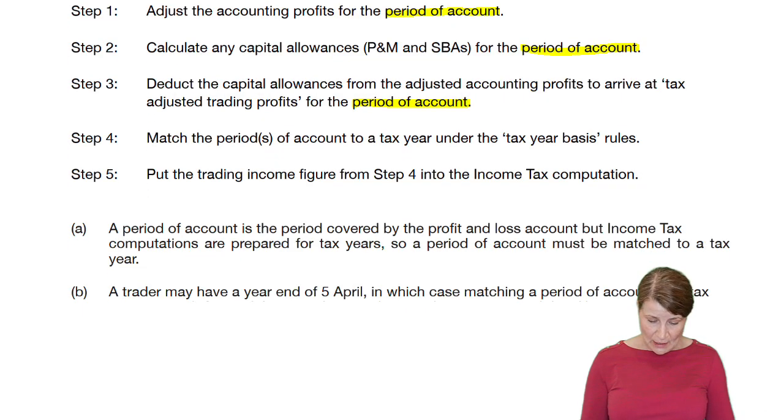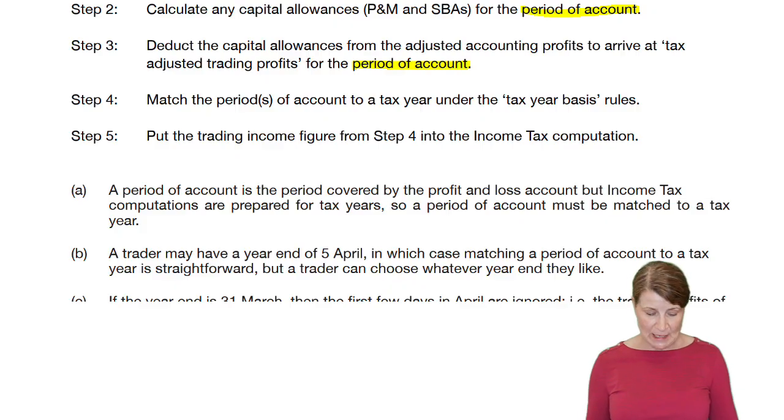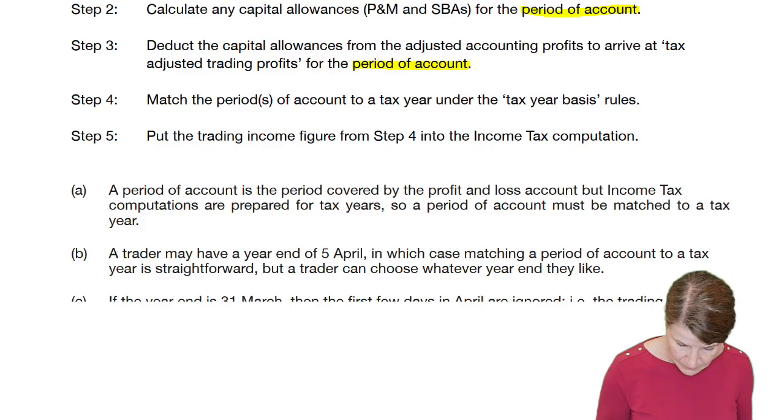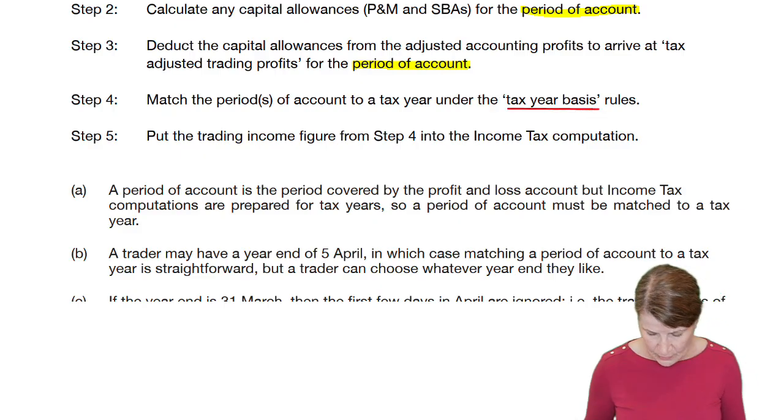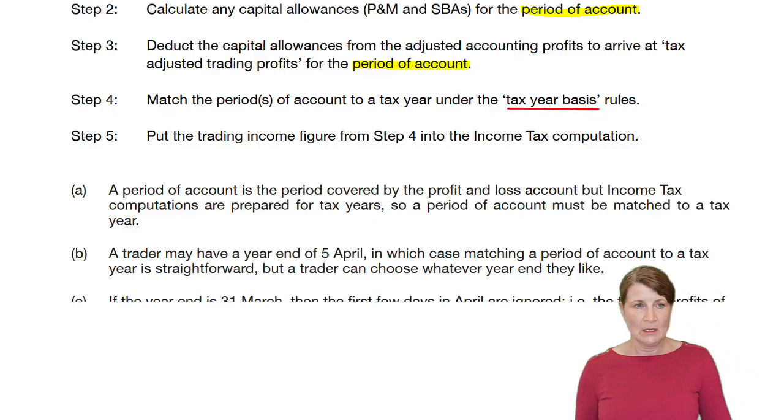We match it using our tax year basis rules. So our tax year basis rules, we match a period of account or periods of account, there could be more than one, to a tax year. And then whatever figure that we get after we've applied our tax year basis rules, then that's what we put in our income tax computation, along with anything else that we've got for that tax year.